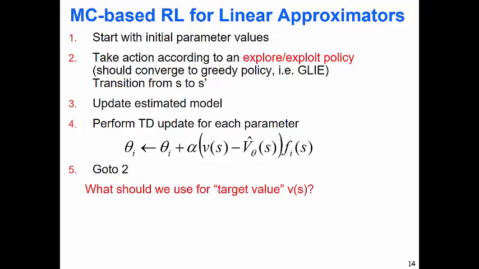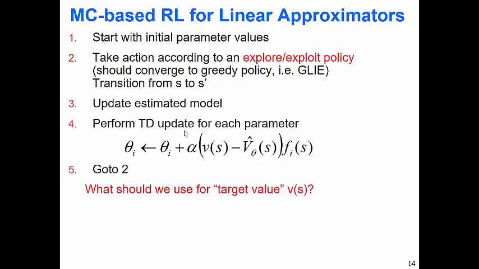What would be one? Right, we're running our policy, and what have we used before for target values? Yeah, so you could do a TD approach, would use the current value function to get a target.